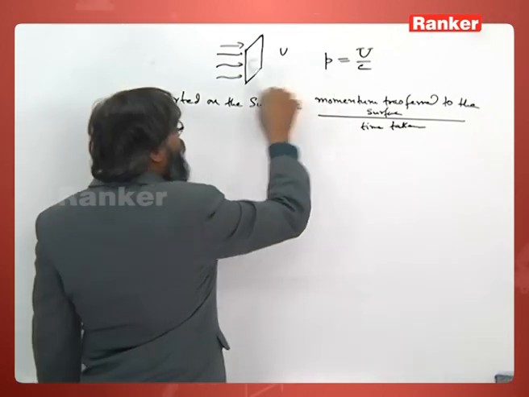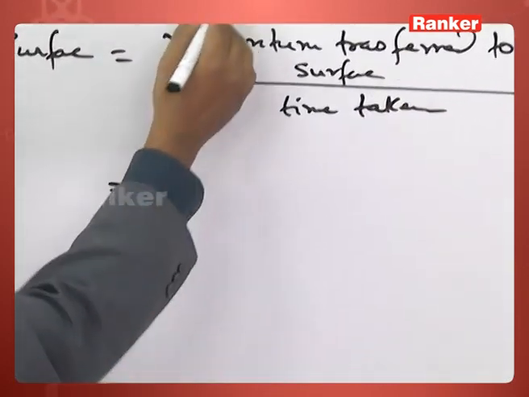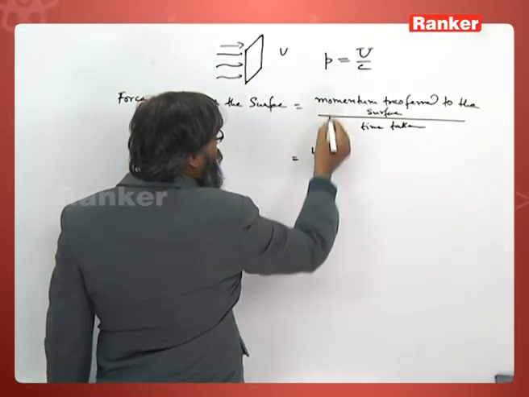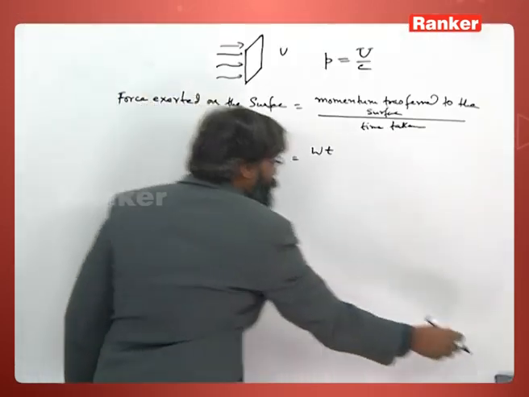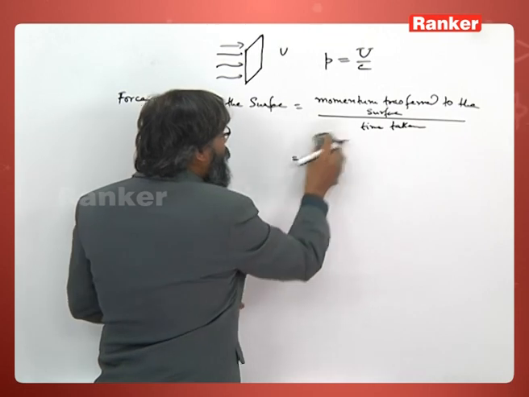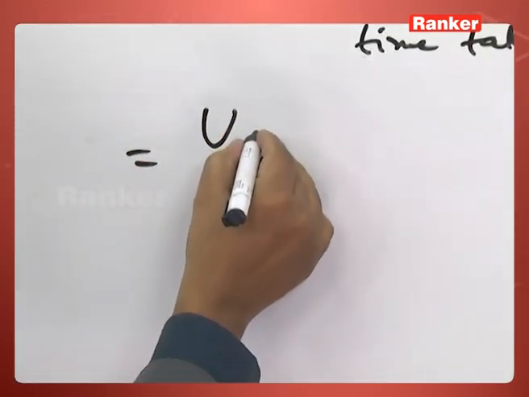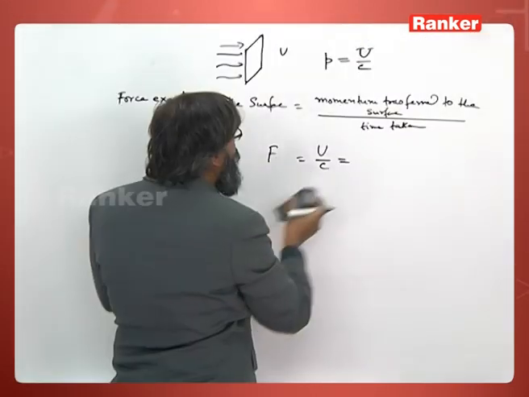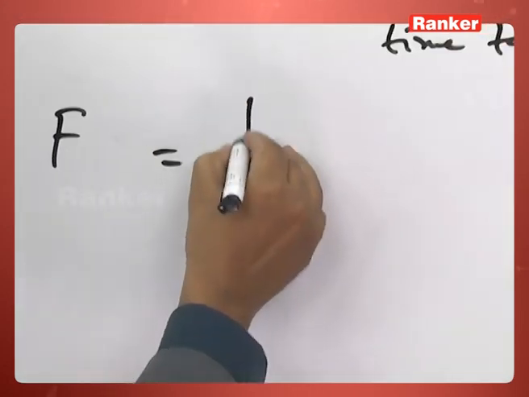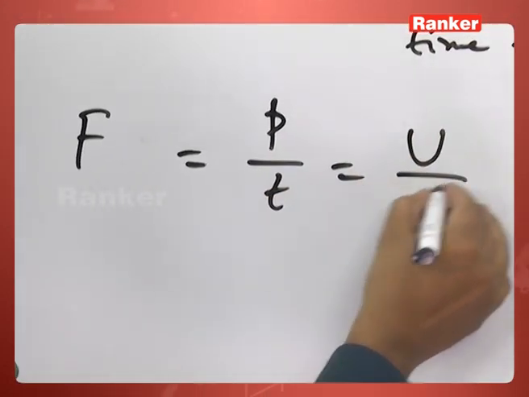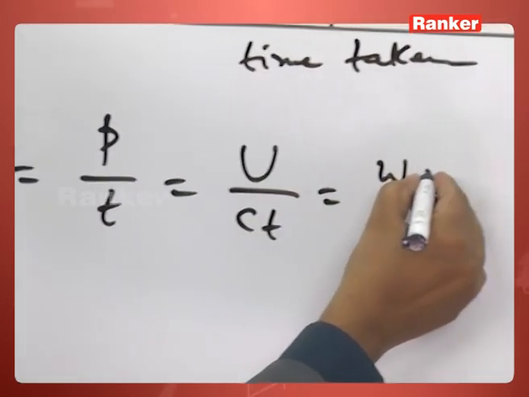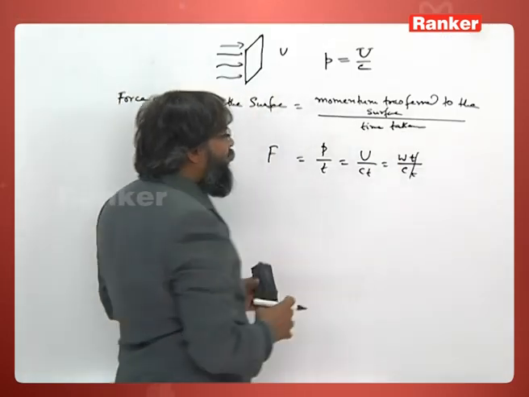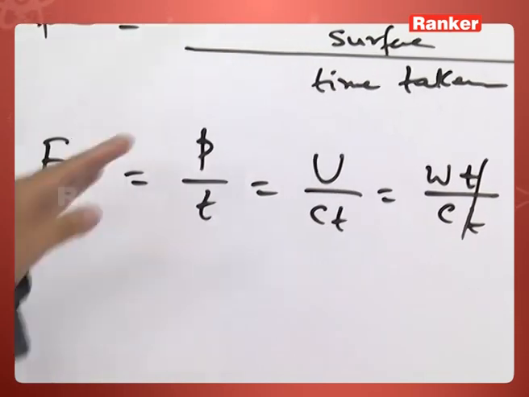Suppose w is the energy transferred in unit time, then u will be w into t. So the force will be equal to momentum transferred per unit time, that is u by c into time, that will be w into t by c into t. That is, w is the amount of energy transferred per unit time.